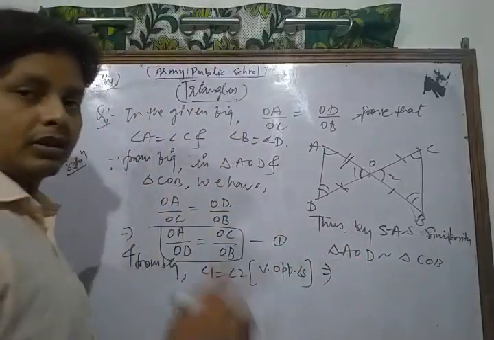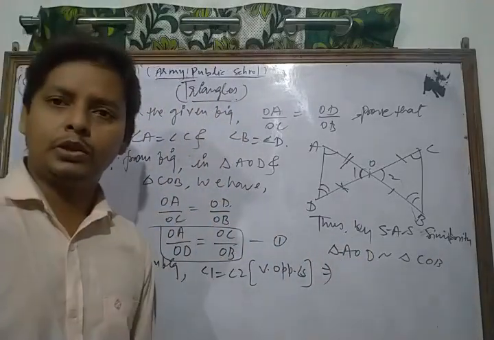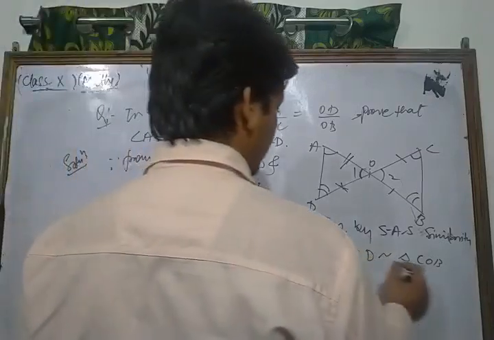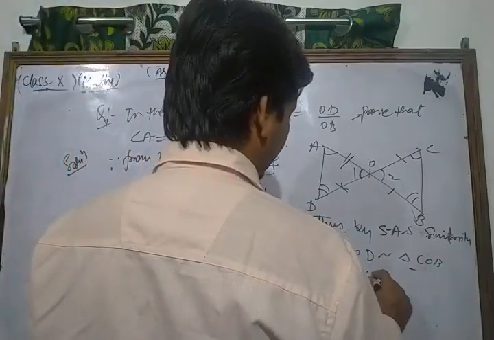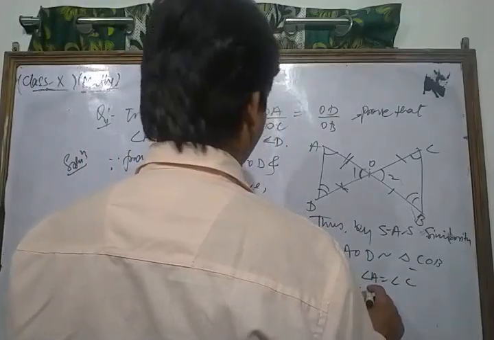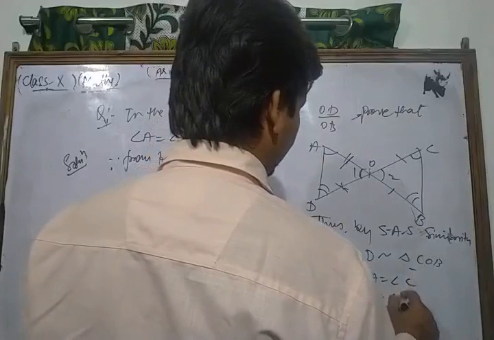Thus, by the concept of similarity, if two triangles are similar to each other, then their corresponding angles are also equal. Then angle A is equal to angle C and angle B is equal to angle D. Hence proved.